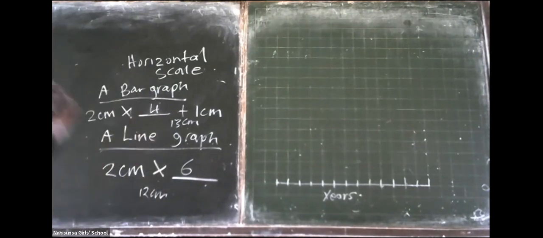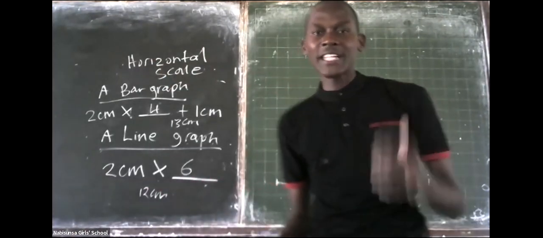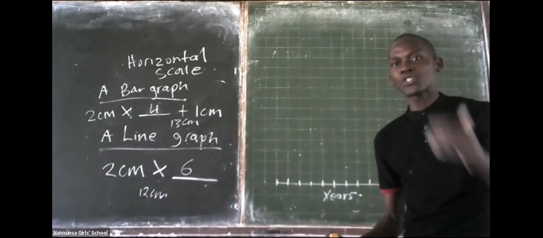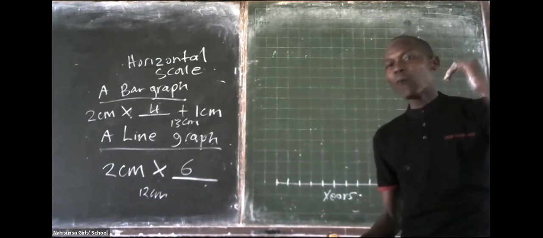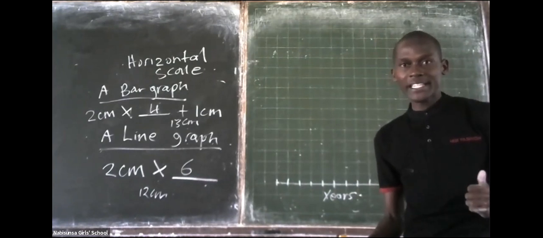Drawing graphs is a skill. What I'm trying to help you with here is a skill, so that whenever you find any question about a graph, you know the procedures to take when drawing a line graph, and when drawing a bar graph. Because they are not going to change. Am I clear?